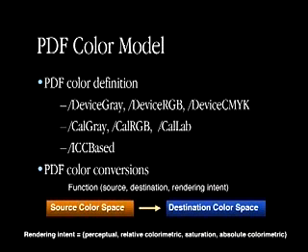When the color management based on ICC profiles gained its popularity and became the de facto standard among color professionals, PDF added ICC-based color space, which allows for embedding ICC profiles in PDF documents. PDF color conversions could be described as a function of source color space, destination color space, and rendering intent. Please take note of the rendering intent values in PDF, as they will refer to the next slide.